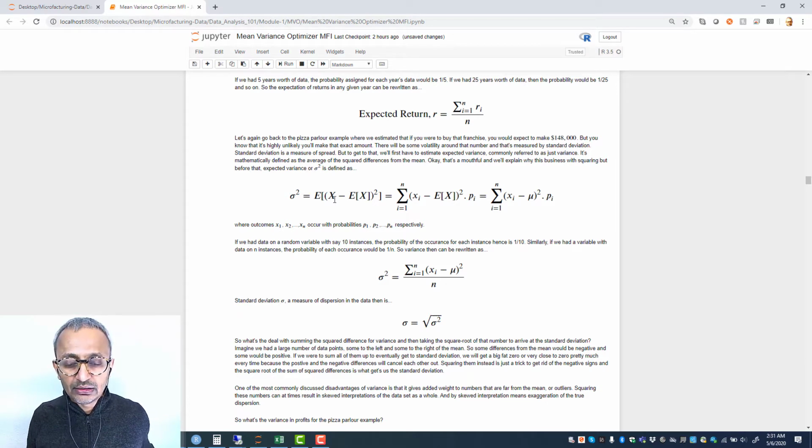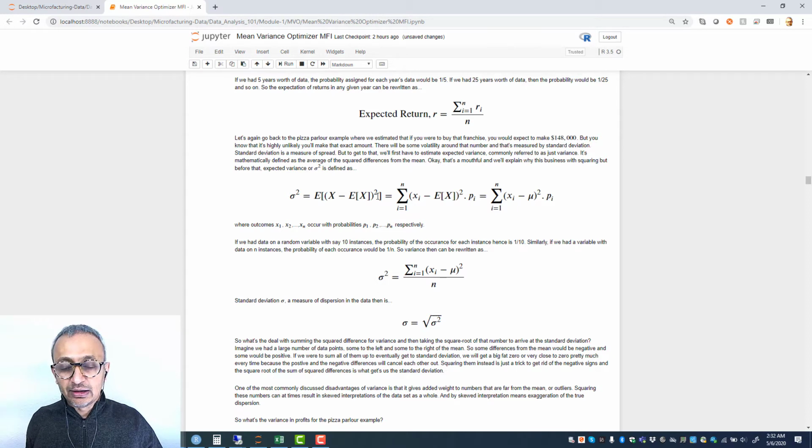You toss a die, and you have 1, 2, 3, 4, 5, 6 possible outcomes, right? And you add them all up and you get that mean, which is the expected value. So here is the mean of all those outcomes, and each of those outcomes could be 1 minus the mean, 2 minus the mean, 3 minus the mean. So there is some spread between each of those outcomes with respect to the mean, right?